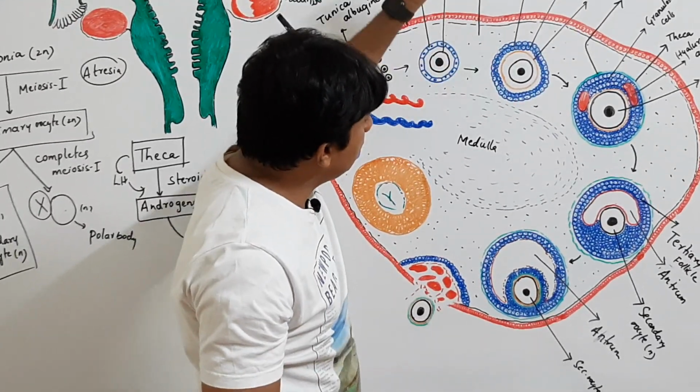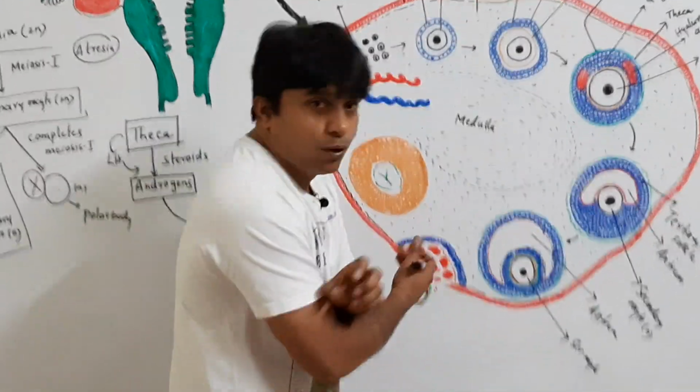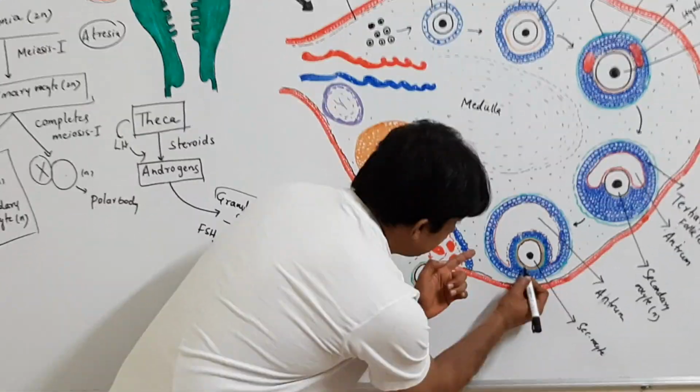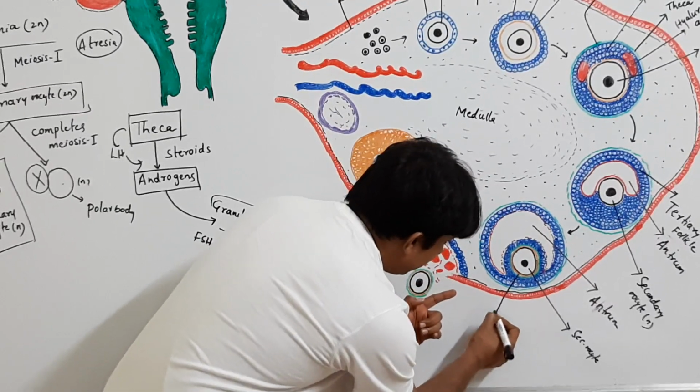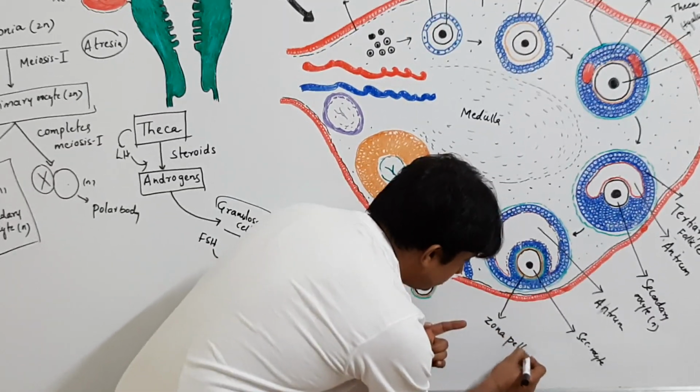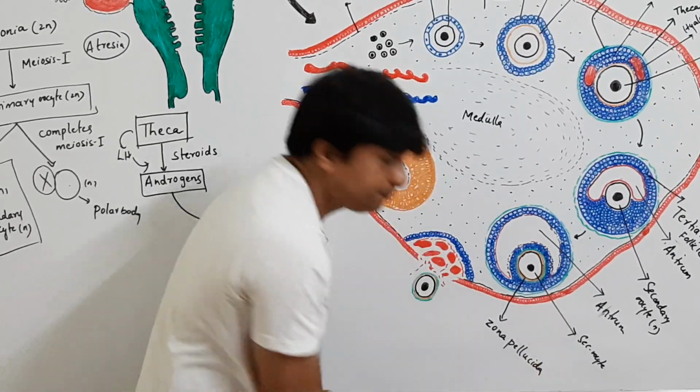the oocyte in the primary follicle comes closer in the tertiary follicle, and this layer, you can see this orange layer, is called zona pellucida.